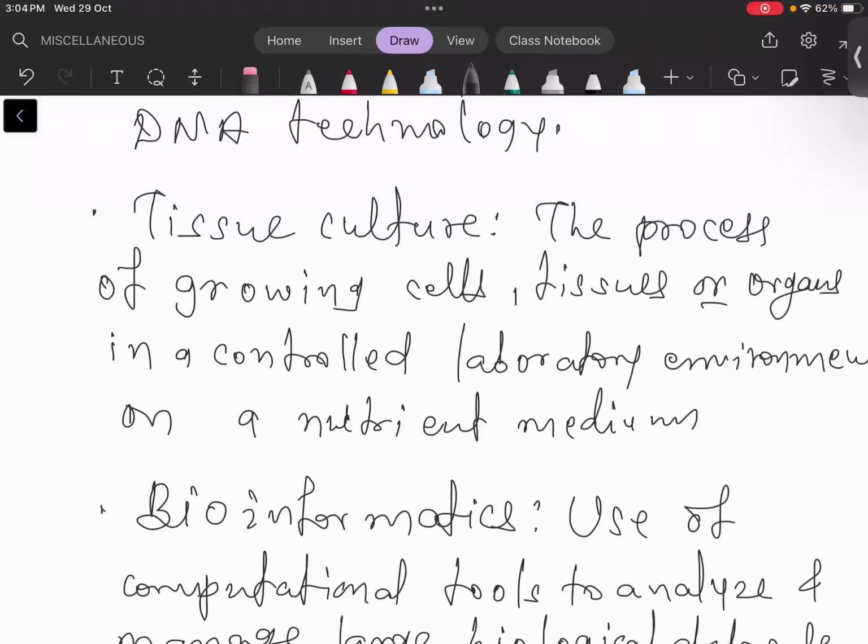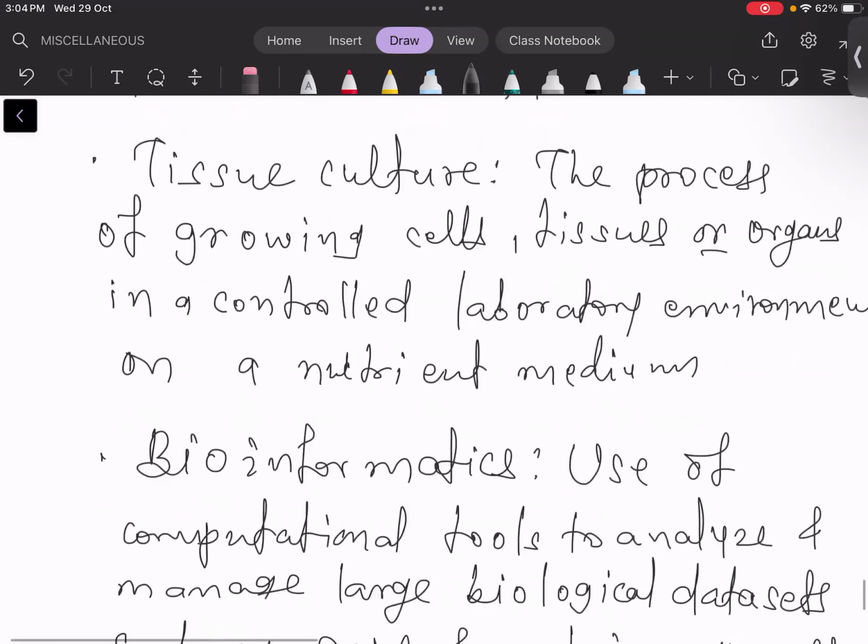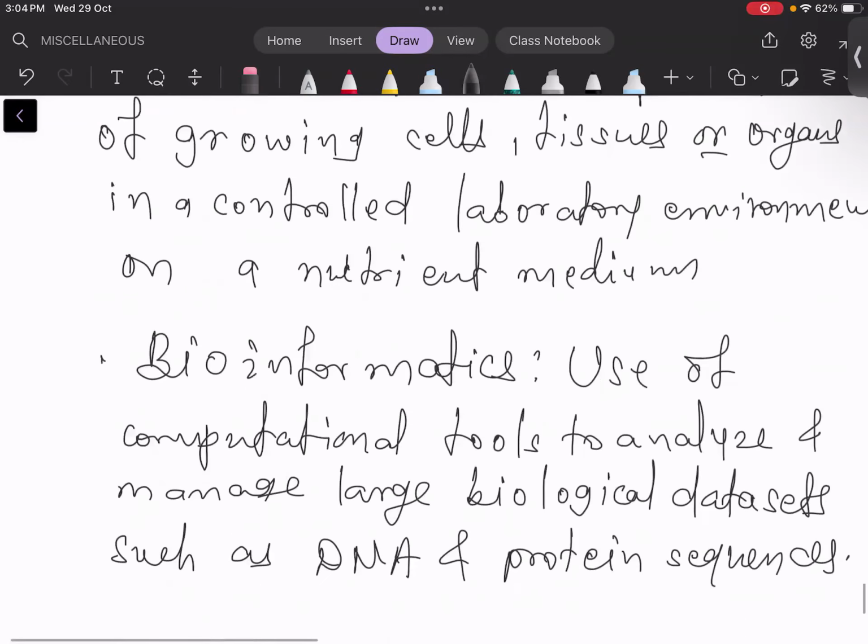Now, what is the basic principle of biotechnology? Biotechnology is based on genetic engineering and bioprocess engineering, right?